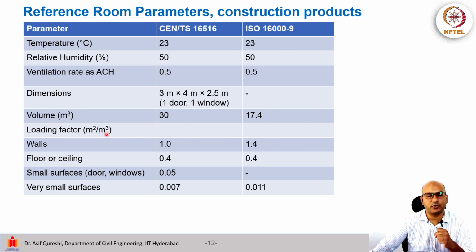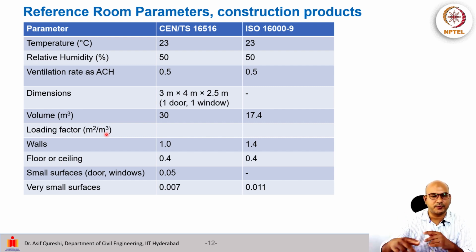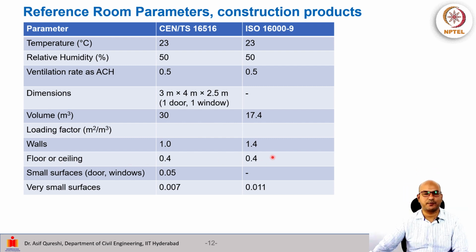Then we have the loading factors, meaning the exposed area of the emitting surface compared to the volume of the room. In terms of walls, ISO specifies 1.4 and CEN 1.0. For floor or ceiling, the bottom and the top surface, it is 0.4 meter square per meter cube of room for both agencies.